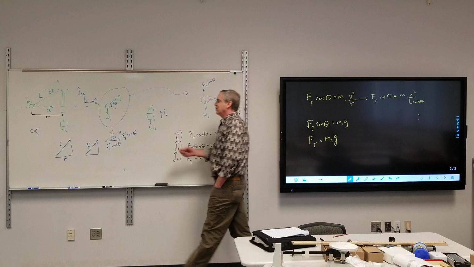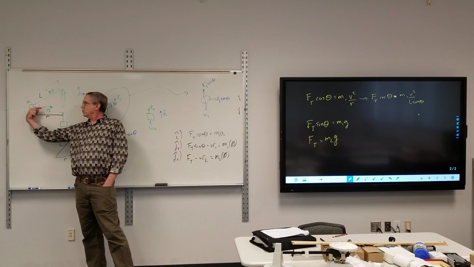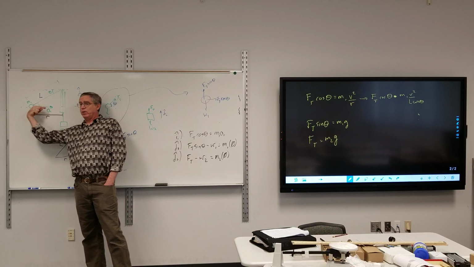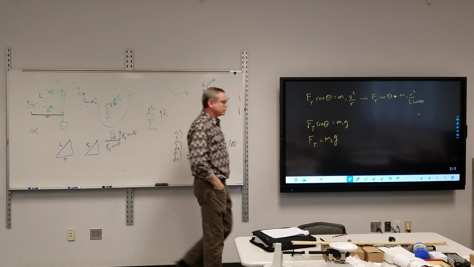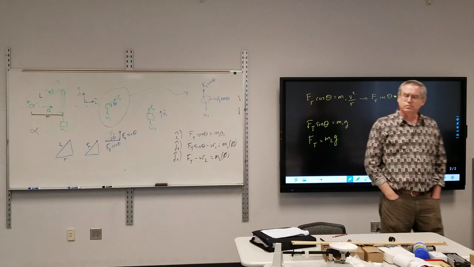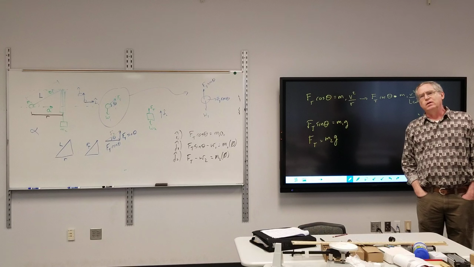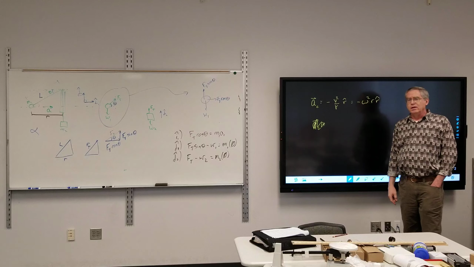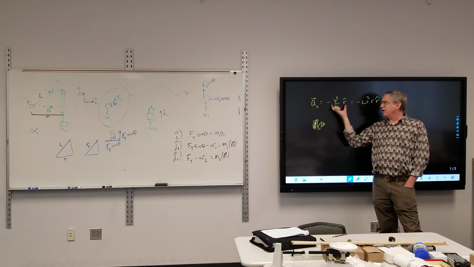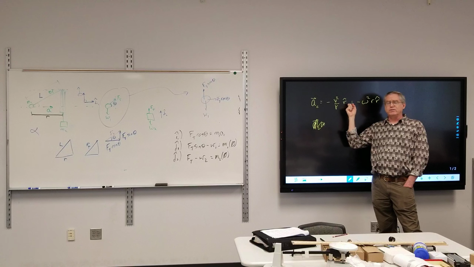We said i hat is that way, which is the direction of acceleration. So why would we write that as negative? The negative with the R, if you see the radial unit vector, R hat, is a unit vector pointing away from the center.